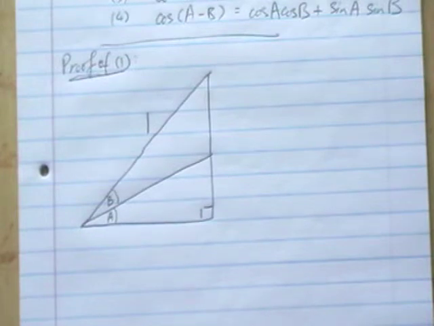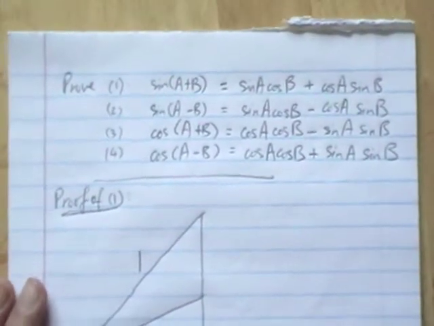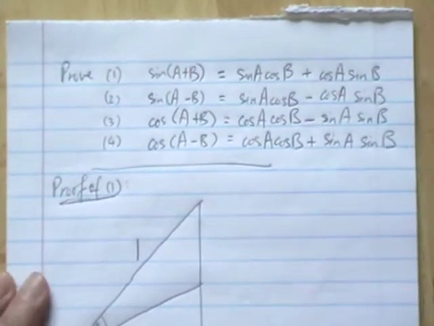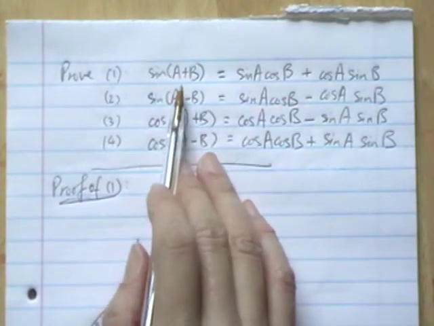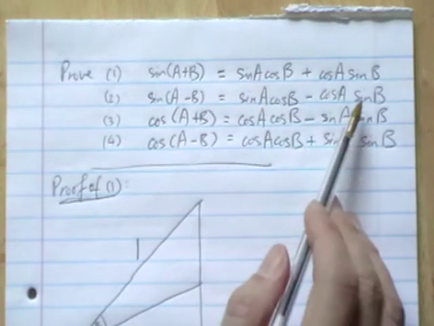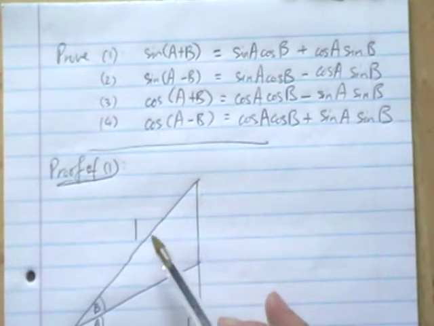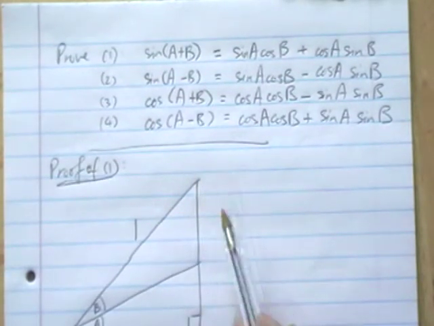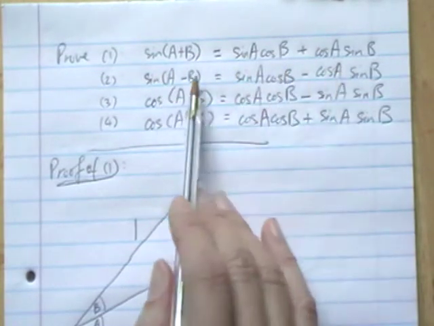Right. Now looking again at what we want to prove, I want to prove something about sine of a plus b that is related to all these. And I'm going to try using this triangle to relate the sides of the triangle to each of these terms.